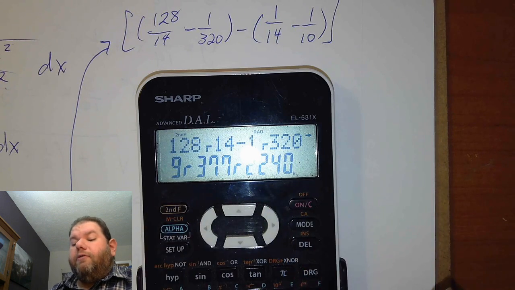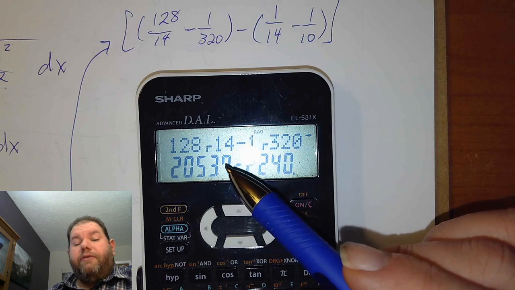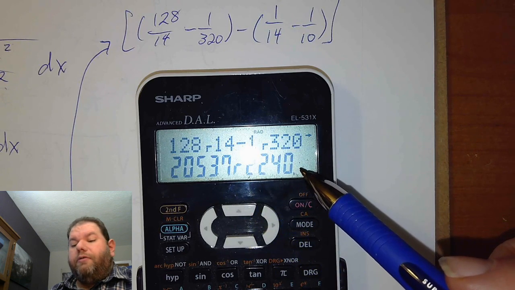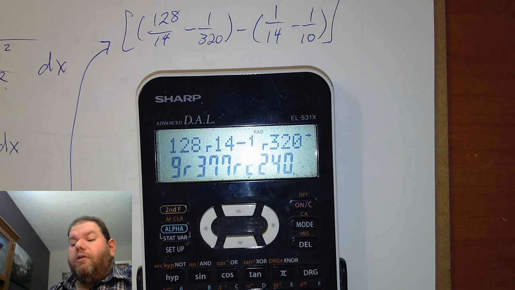It gives us a huge number, 20,537 over 2,240. Nine and 377 over 2,240.